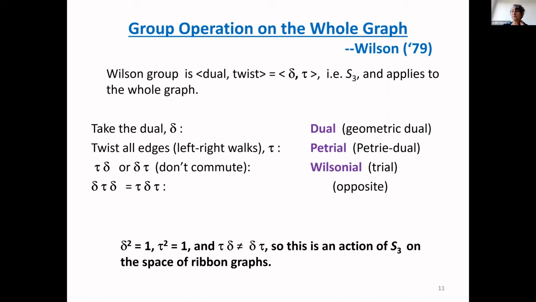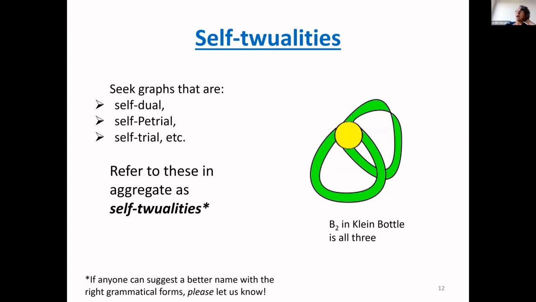So far, so good? Okay. So we've got this lovely operation applying to whole graphs. And then what people generally are interested in are self-twualities. So we need a word to refer to these 6 operations in aggregate, right?